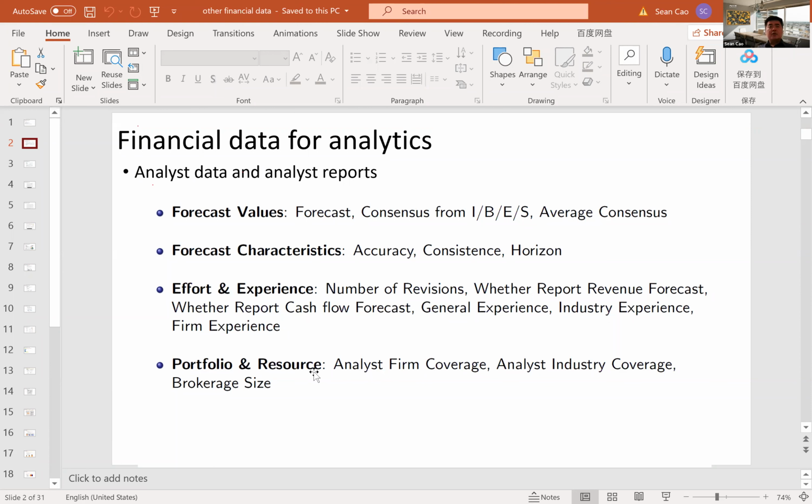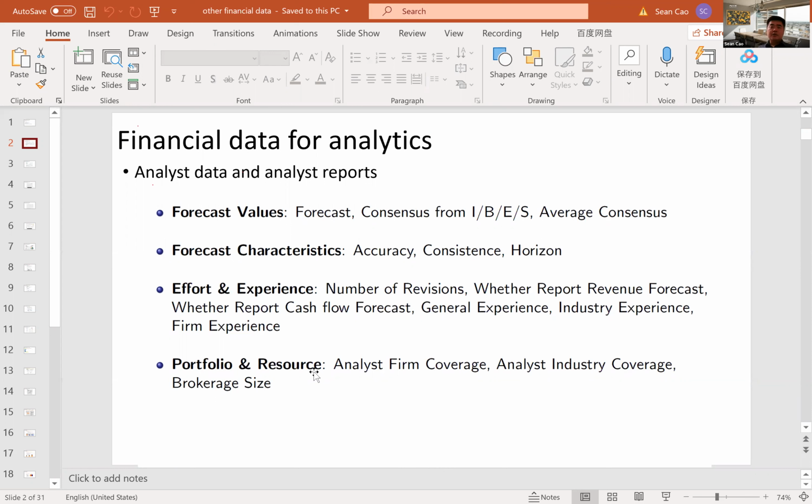We know this. So what's the idea here? Why should we use this information? We can use this information to know whether we should actually trust some analyst's forecast or not. We have 40 analysts forecasting the Google price.